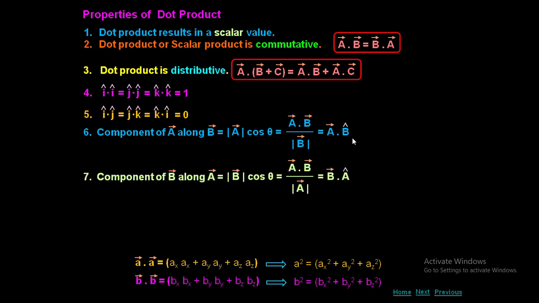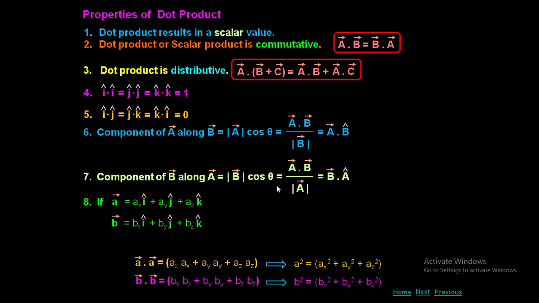If you take the component of b bar along a bar, that means if you draw a perpendicular from b bar onto a bar, then you're going to have modulus of b bar cos theta, which is equal to a bar dot b bar by modulus of a bar, which is equal to b bar dot a cap. That means the vector b bar is along a cap, that is along a vector, whose value is equal to modulus of b bar cos theta.